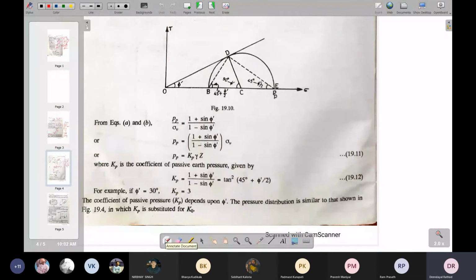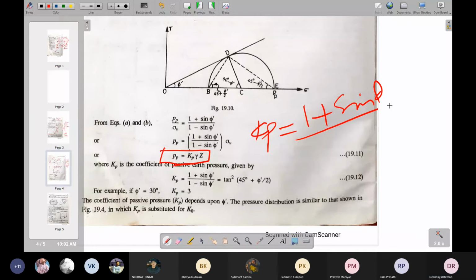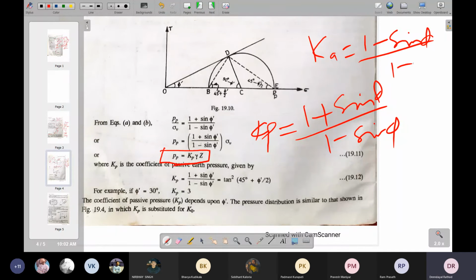The only difference you will get is this Pp, only Kp. This Kp value will be the reverse of that one. This would be 1 plus sine phi by 1 minus sine phi. What is Ka? 1 minus sine phi by 1 plus sine phi. The reverse. Here it is plus, here minus.